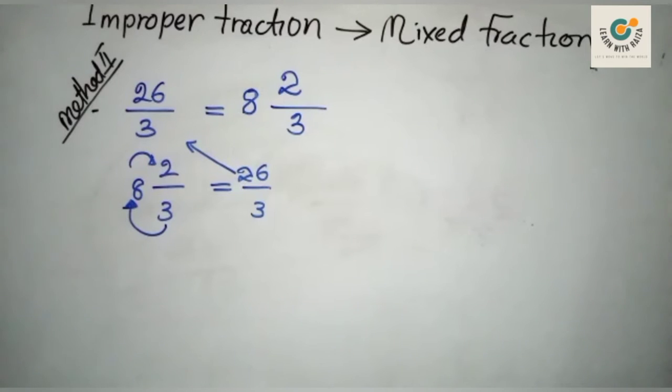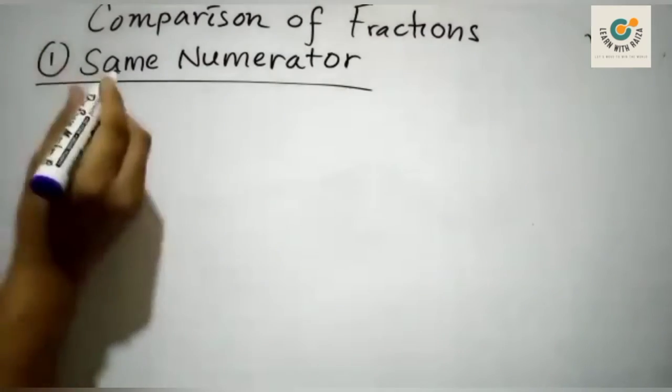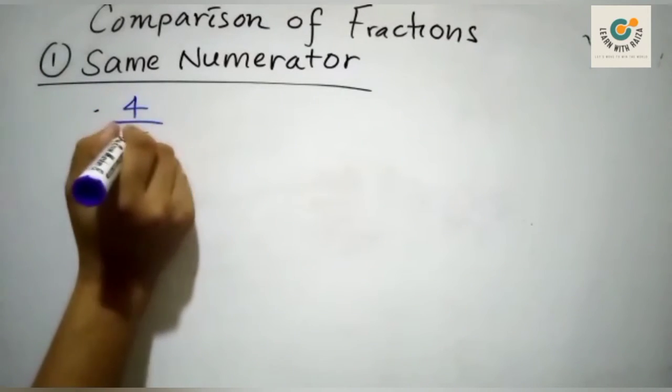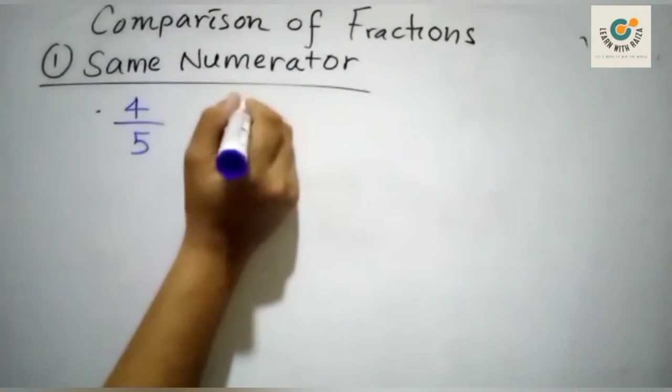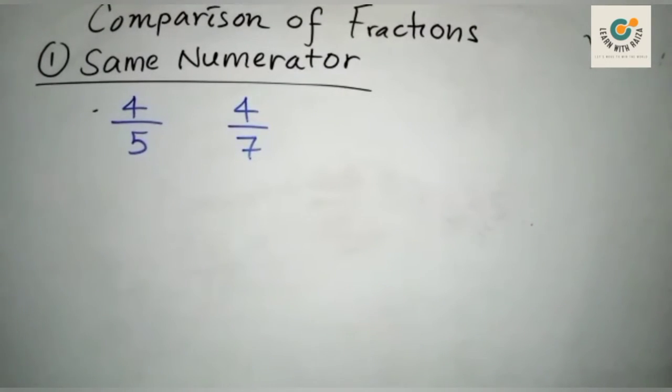Comparison of fractions. Under comparison of fractions, you will have to learn several topics. Your first topic will be how to compare two fractions with the same numerator. For example, let's say you are given two fractions with numerator 4. These are two different fractions, why do I say different?